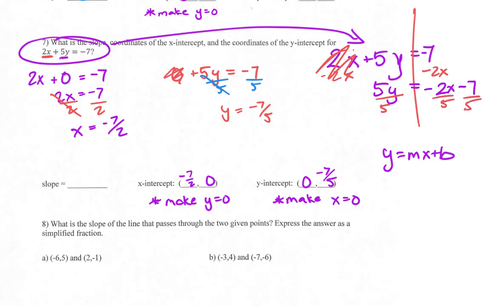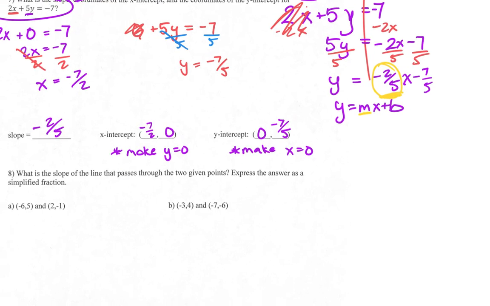So then we end up with y equals -2/5 x minus 7/5. Not only do I see what my slope is, the m, the slope, -2/5, but it also verifies that my y-intercept was -7/5. So that tells me, hey, I know I got that part right.